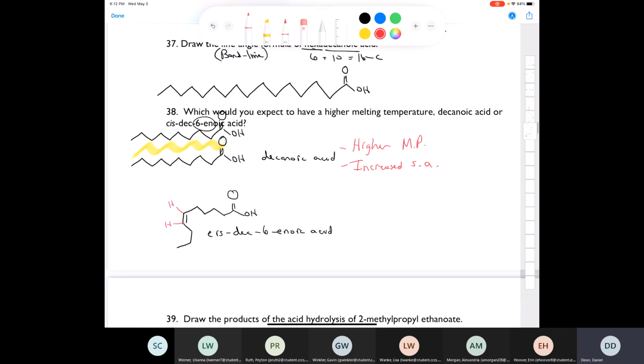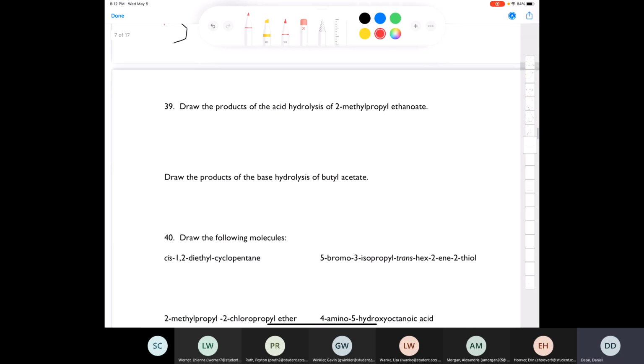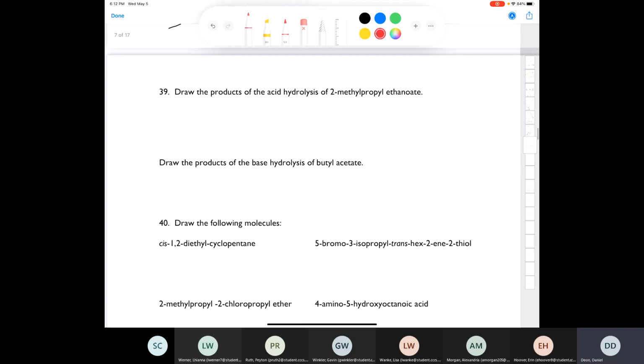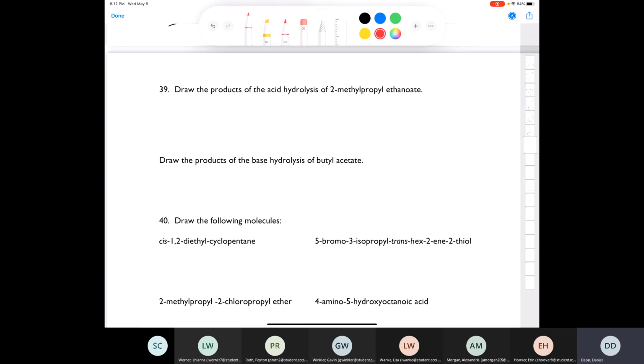All right, let's move on to question 39. Draw the products of the acid hydrolysis of 2-methylpropyl ethanoate. We're kind of obsessed with these 2-methylpropyl groups. Anyhow, so 2-methylpropyl, remember this part comes from the alcohol portion, if you will, and this part comes from the carboxylic acid portion. Okay, so we have 2-methylpropyl.